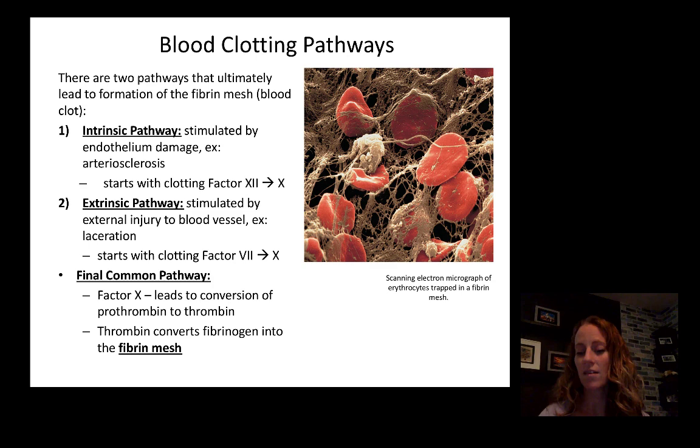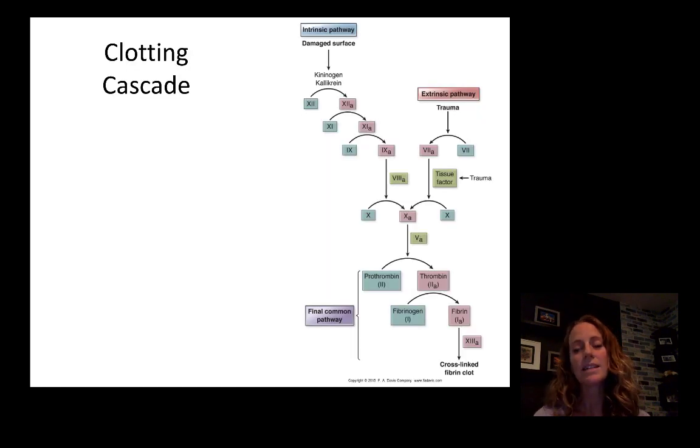All of these clotting factors are listed here in the clotting cascade. All I want you to know right now are the intrinsic versus extrinsic pathway in general, what factors are involved, and that the common pathway is factor 10.